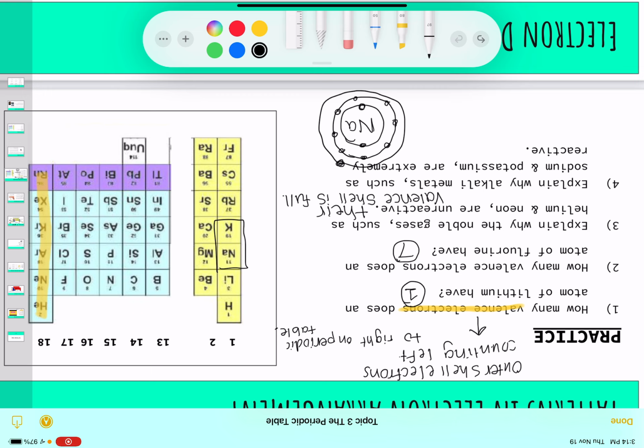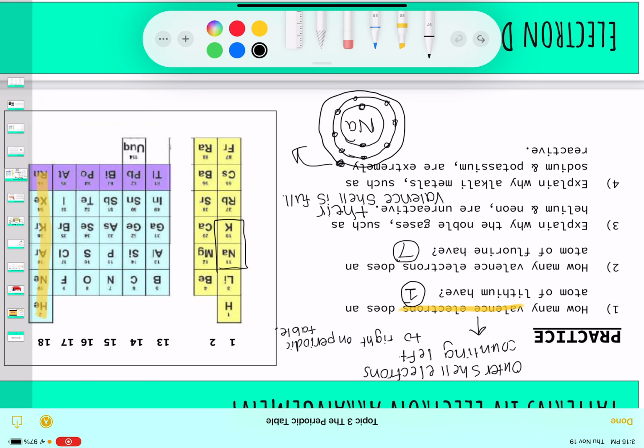Because it only has 1, it's really easy for it to lose that and be stable, right? Stable is being full. The same goes for potassium, I'm not going to draw that one, but because they are not full, they are really close to being a noble gas.